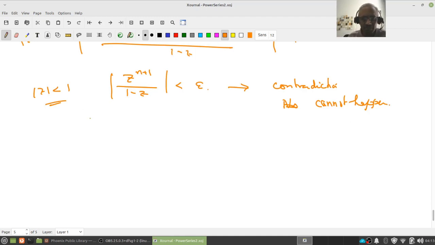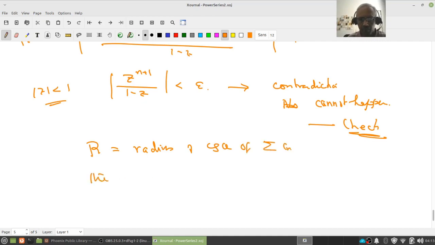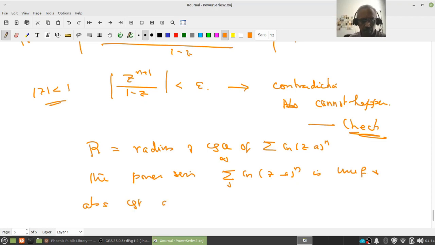So what I have shown is, please remember, therefore, if R is the radius of convergence, then the power series summation Cn (z minus a) to the power n is uniformly and absolutely convergent on the closed disk B_a(r) for any little r less than capital R. But it may not be uniformly convergent on the entire disk.